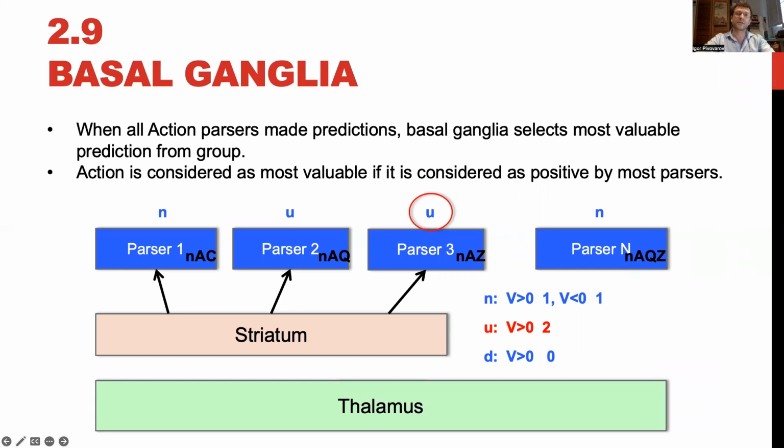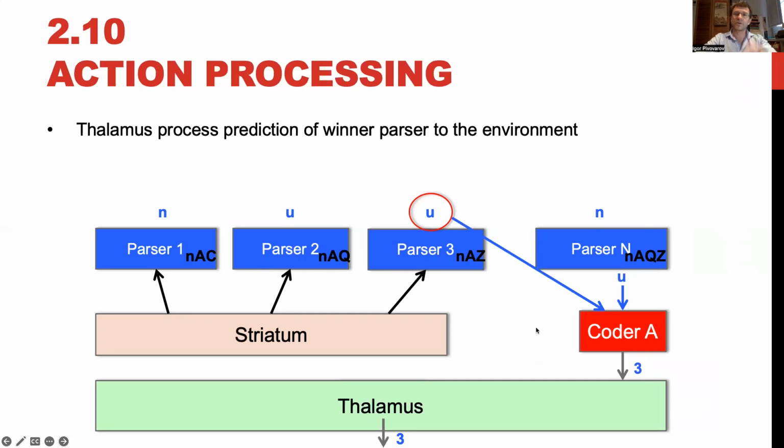So in this case, this is moment U, which most parsers consider a positive moment. And when this selection is made, Thalamus processes the winner parser and takes its prediction as an action to the environment and gives it back in a decoded value.